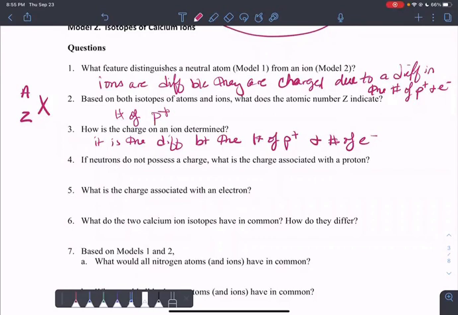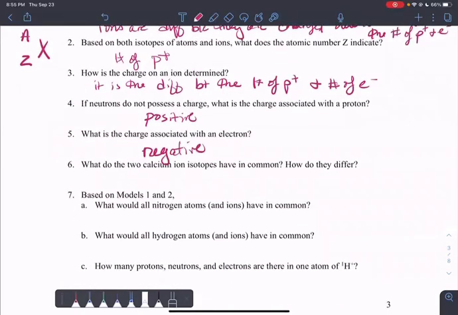If there are more electrons than protons, then the ion is going to be negative. That's it. So if neutrons do not possess a charge, what is the charge associated with a proton? It's positive. What is the charge associated with an electron? It is negative, right?